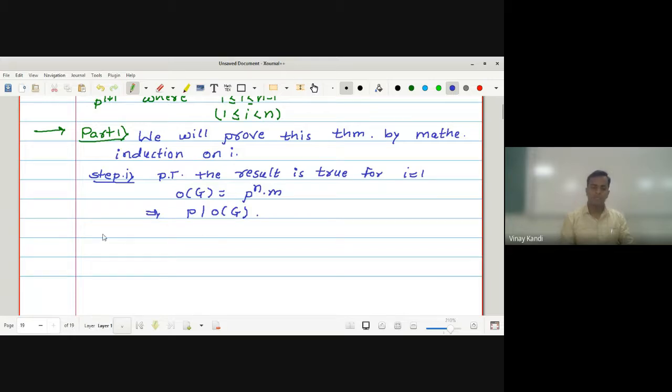Which implies, by using Cauchy's theorem. What is Cauchy's theorem?